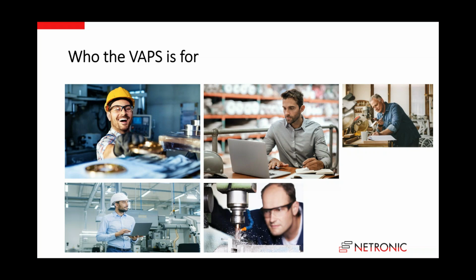And with the Visual Advanced Production Scheduler, we address and solve this issue. So if you are a partner serving discrete manufacturing clients that face these issues that I just mentioned, then the VAPS is the right tool for you to bring really big value to your clients.